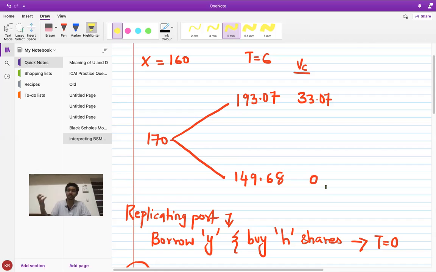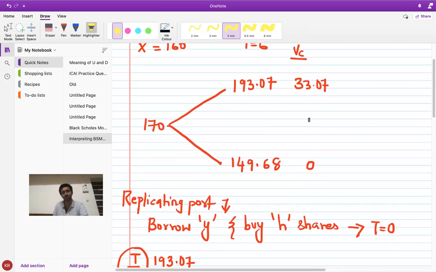The payoff of this portfolio of borrowing 110 and buying 0.76 shares is going to be the same as that of a call option at t equal to 6, and that is the reason we're calling it a replicating portfolio. How are you so sure that it will have the same payoff? Because I calculated y and h by equating them to these numbers, right? So obviously borrowing y and buying h shares will give me this payoff at t equal to 6, because y and h were calculated from those numbers.